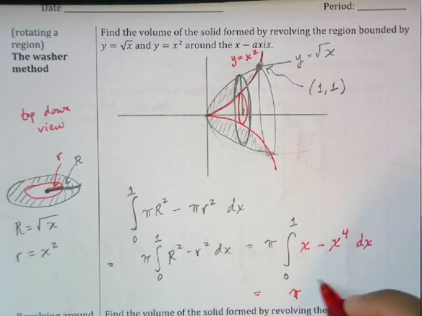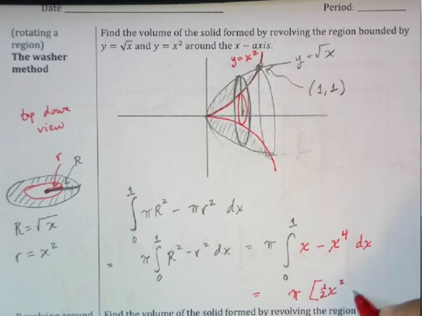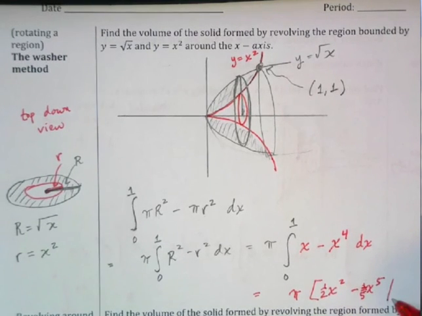This is pi evaluated. The antiderivative of x is 1/2 x squared. The antiderivative of x to the fourth is 1/5 x to the fifth. And we're going to evaluate this from 0 to 1. Let me slide this over a little bit here.